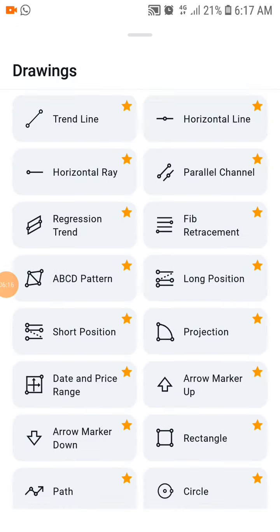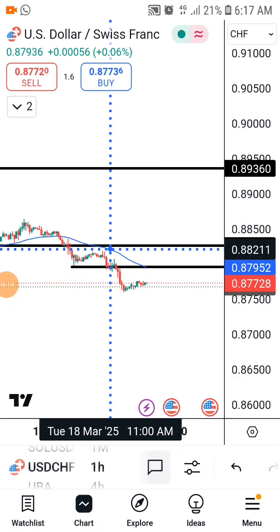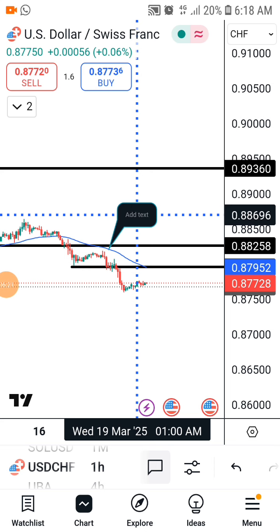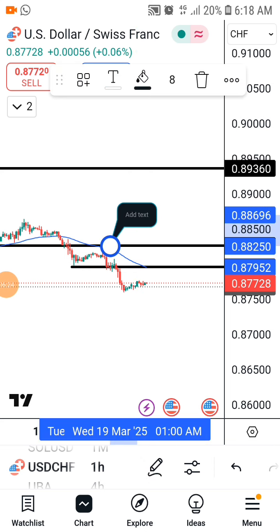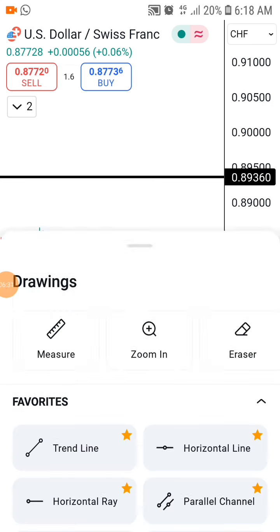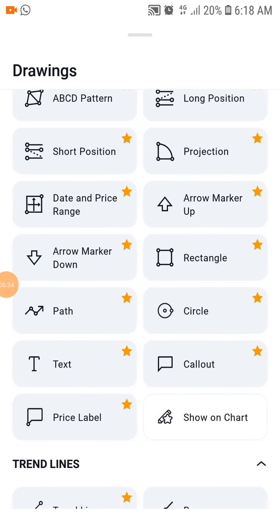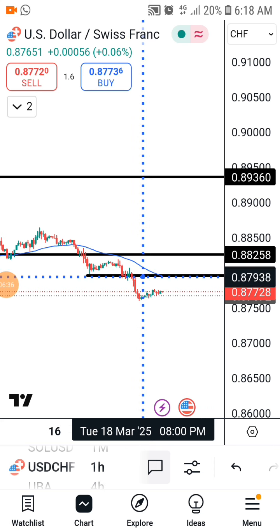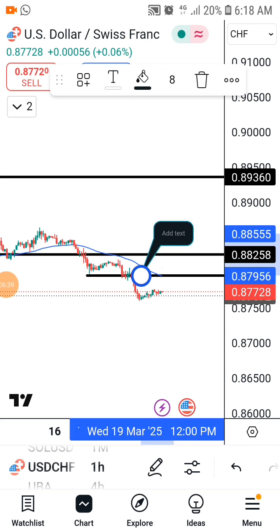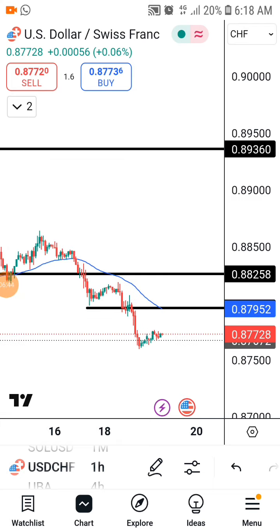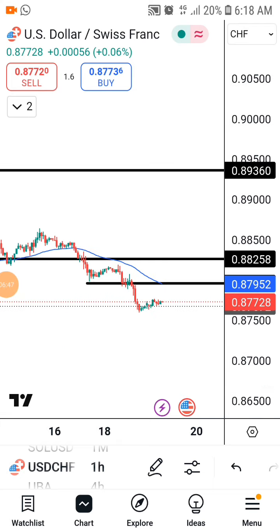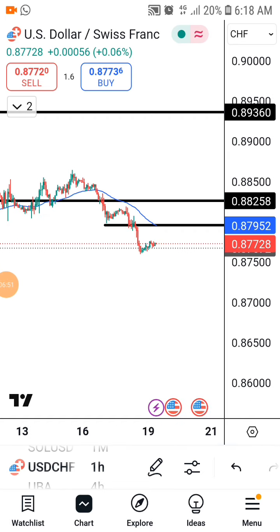And then this is our 4-hour 50 moving average. And then coming down here is our 1-hour 50 moving average. Can you see? So that is how it is. The daily 50 moving average will not be tested again until our final support is hit.